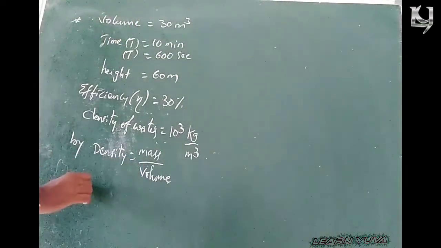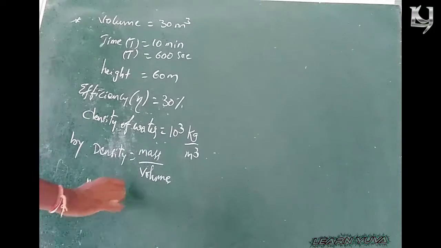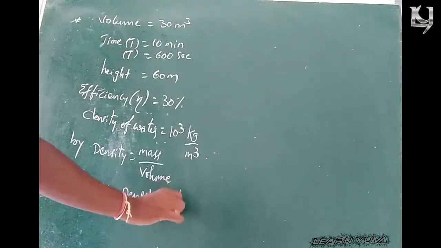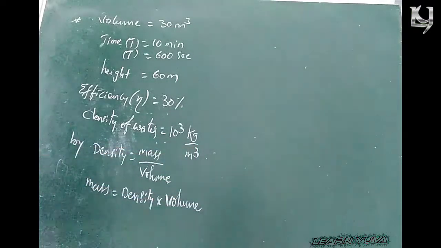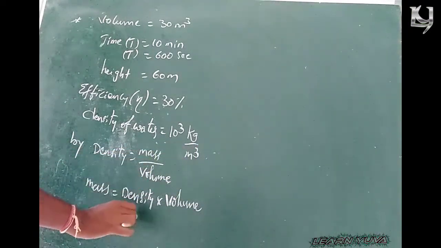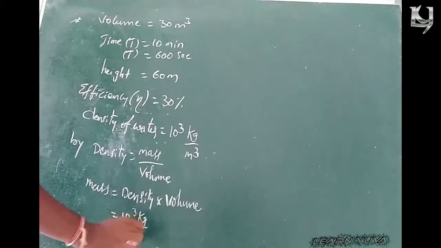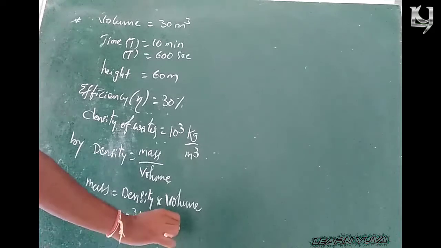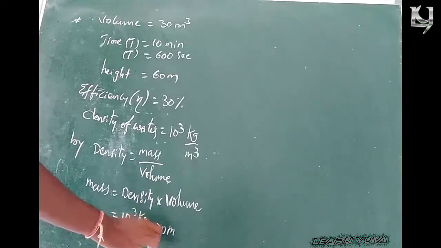So mass is equal to density into volume. Clear? So density, how much density? 10 power 3 kg by meter cube, and volume is, sorry, volume is 30 meter cube.